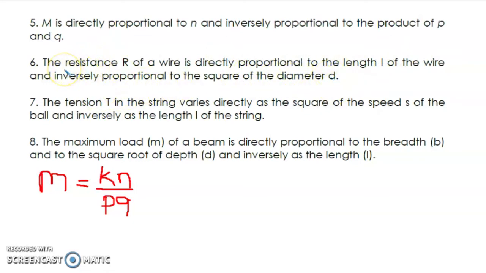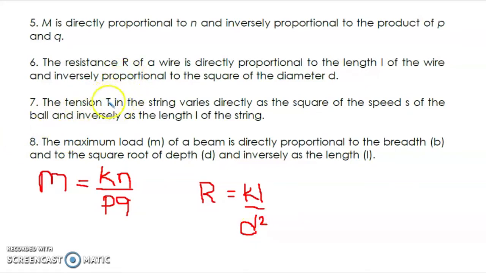So let us start with the first statement, R directly proportional to the length L. So that will be resistance is equal to kL, and inversely to the square of the diameter d. We have a term here that is squared, meaning that is equal to d squared. So that's it.